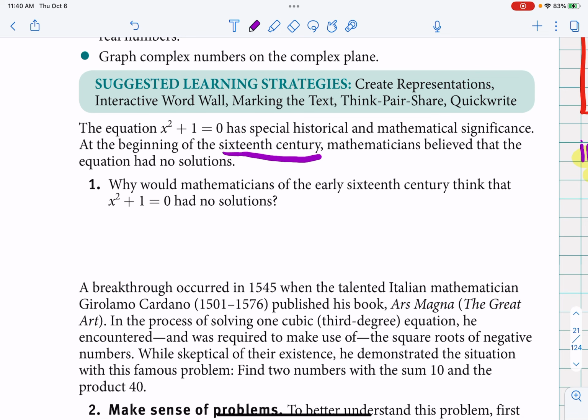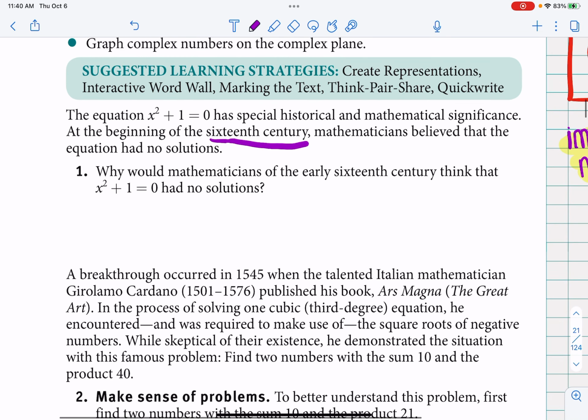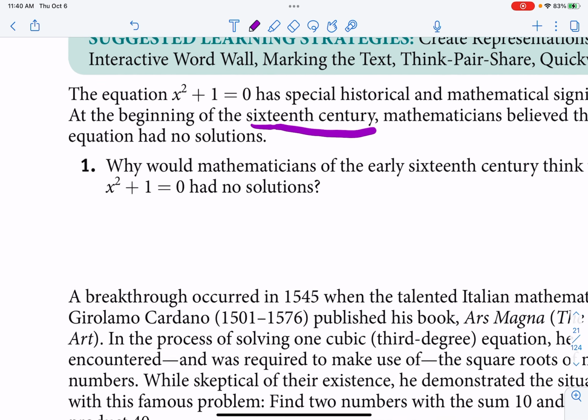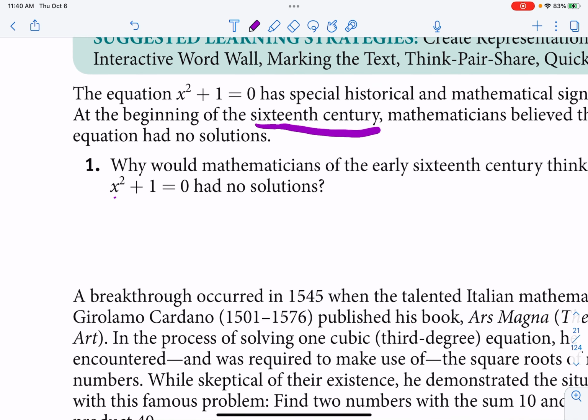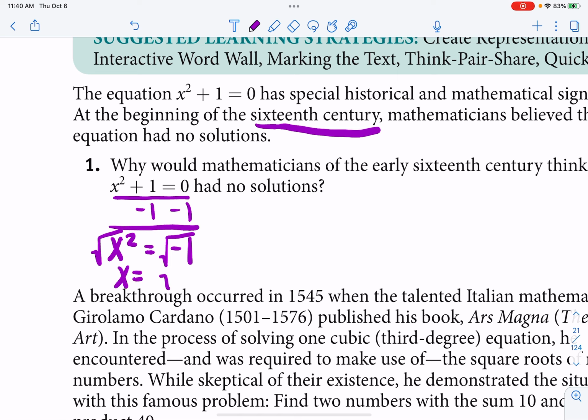And this is why we also believed as a class and in your past math classes that this would have no solution. The reason is if we were solving for x from this equation, we would subtract 1 from both sides. We would get x squared is equal to negative 1, and then we would find the square root of that. And here's the issue. We can't find the square root of negative 1, so in the past, that's where we said there's no solution.